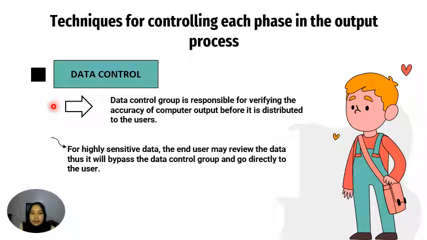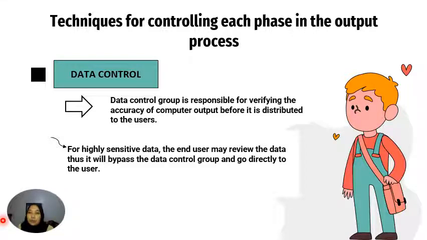The fifth one is the data control. In some organizations, the data control group is responsible for verifying the accuracy of computer output before it is distributed to the users. So normally, the data control clerk will review the batch control figures for balance, examine the report body for illegible and missing data, and also record the receipt of the report in the data control batch control log.